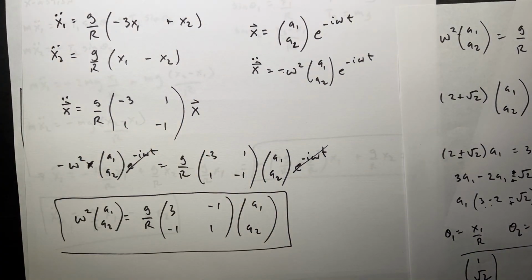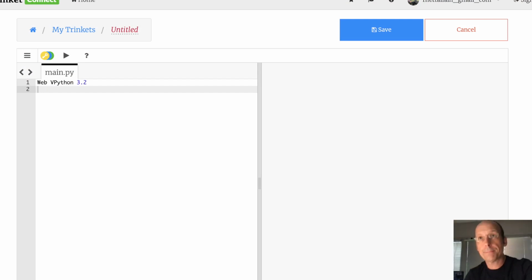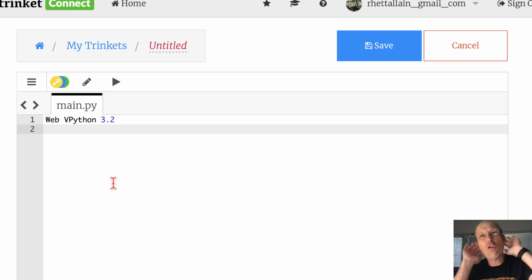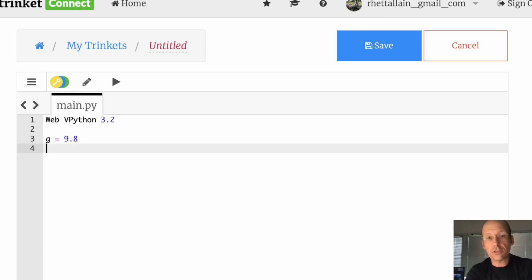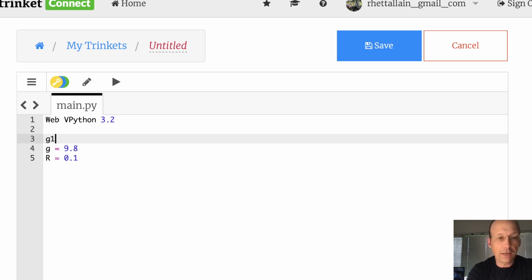Switching over to Python. Here I am in Web VPython, and I didn't go over my normal introduction to numerical calculations. I don't know why, but g equals 9.8. Let's just get started. And then I said r is equal to 0.1. I do need to make some graphs, so let's put that in here. g1 equals graph, xtitle equals t, and then ytitle is x.